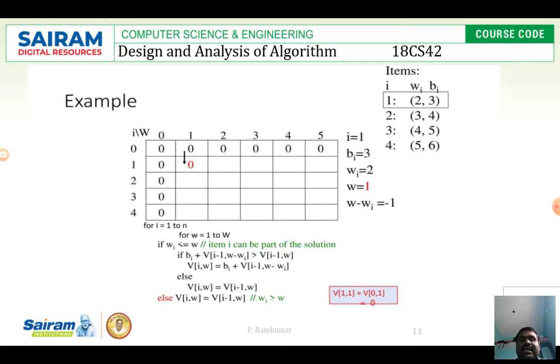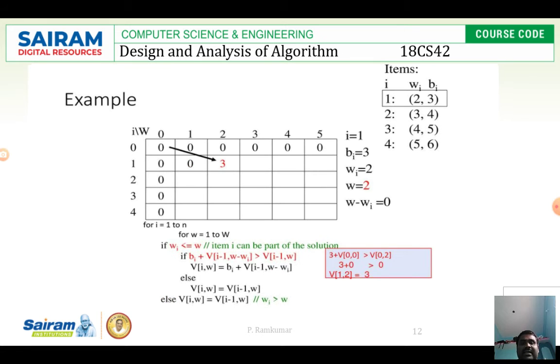Next when I take the first object, its weight is 2, benefit is 3. Weight is 2 means at 1, 2 I can write the benefit of the first object. So in 1, 2 I will write 3. In the next slide I will write it down. 1, 3 I will write 3.